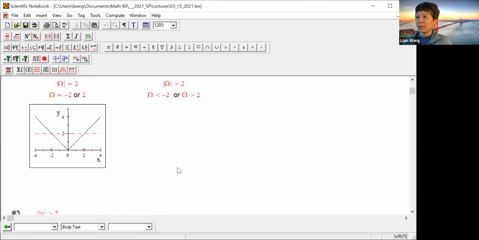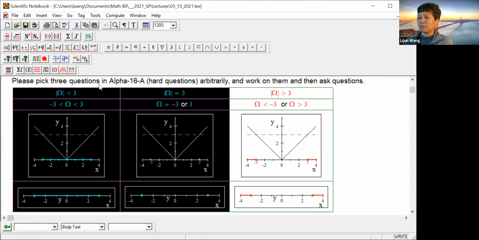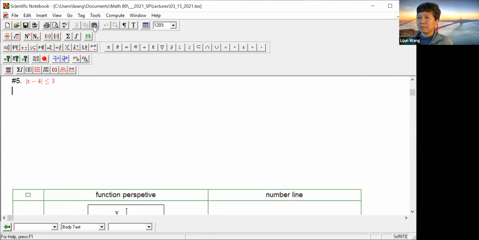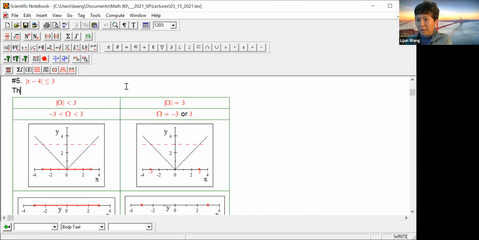And what is the omega? In this case, if you think out loud, I treat this as a piece of scratch paper. My omega is x minus 4. This is my omega.